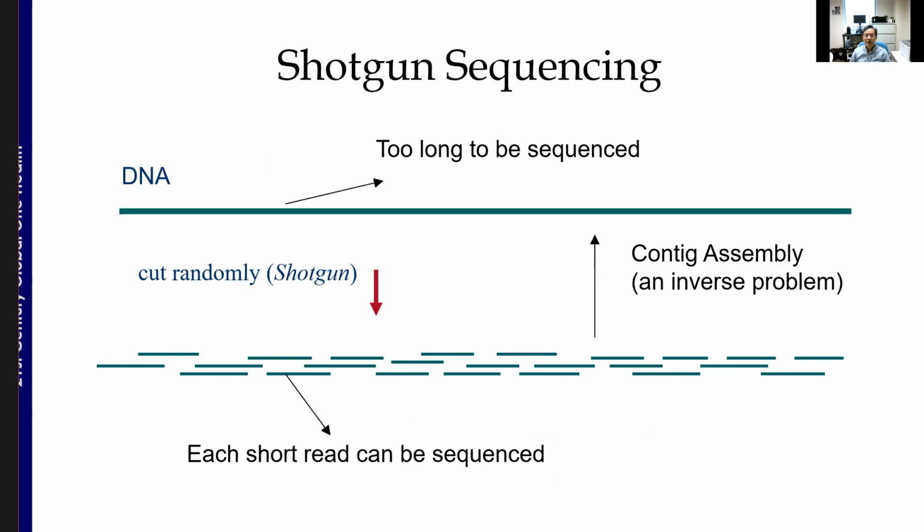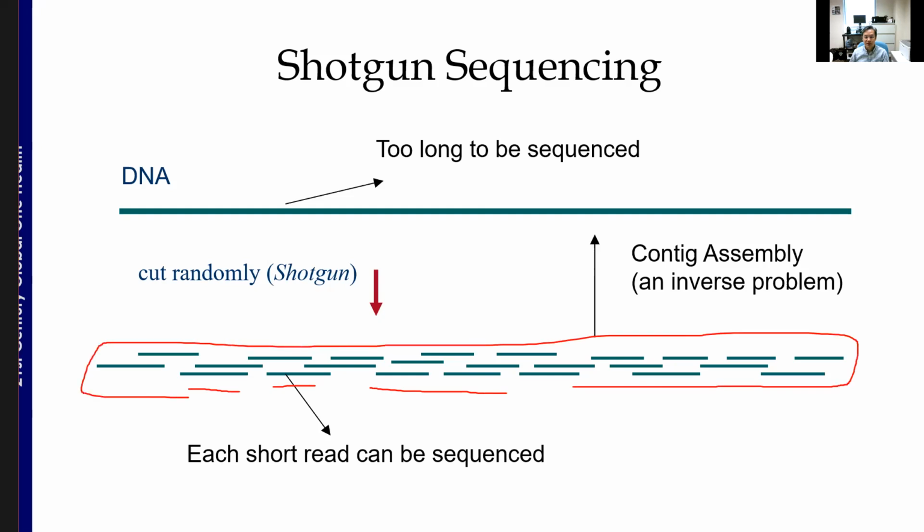Now, once you have those short reads, because next generation sequencing just cannot get long enough DNA fragments, it will generate a lot of short fragments. The first thing you want to do is reconstruct the original DNA sequence of the species itself, which is called assembly.